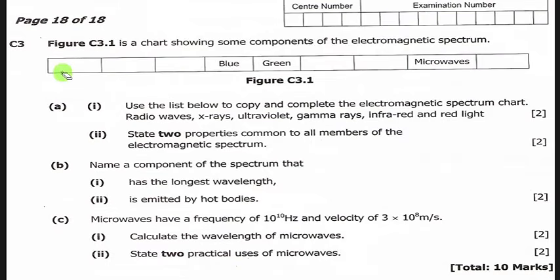Now notice that here we have been given radio waves, X-rays, ultraviolet, gamma rays, infrared, and red light. We haven't been given visible light.